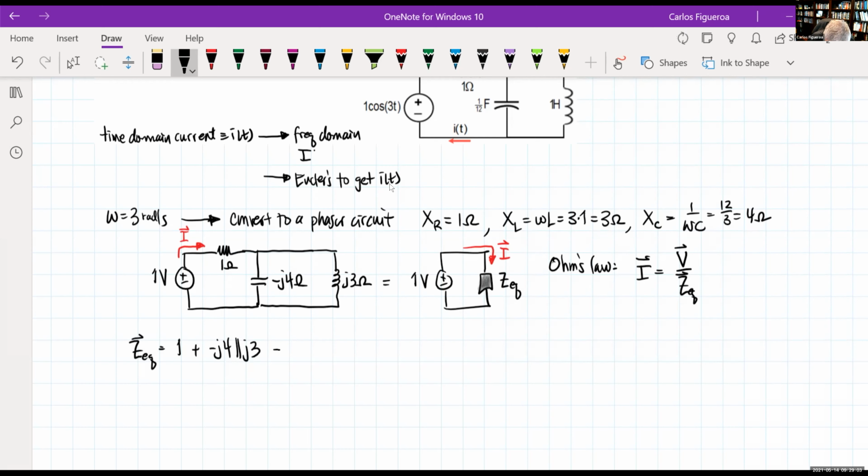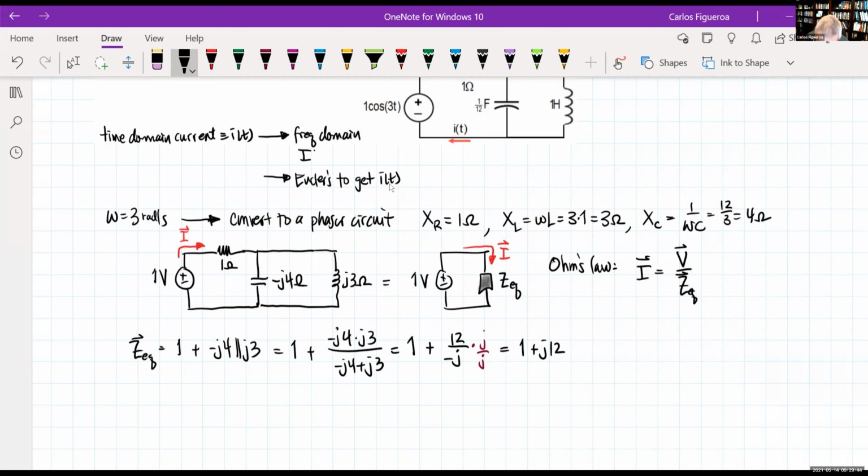If I do that, then this is going to be 1 plus, multiplying these two together, minus j4 times j3, over minus j4 plus j3. You can see that the denominator is just minus j, which is nice. So then I get 1 plus 12 times minus j. If I multiply and divide everything by j, we get a value of 1 plus j12. So we're doing good.